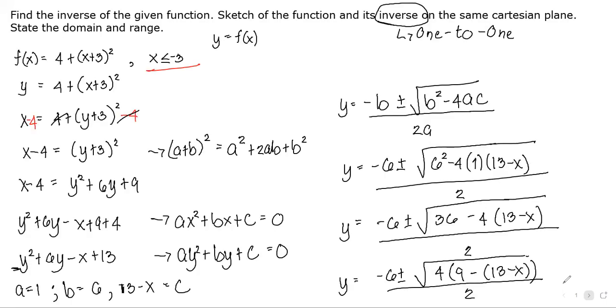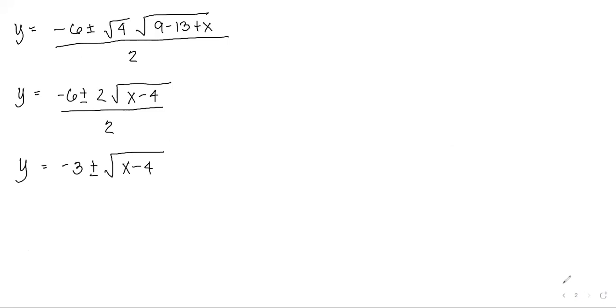Ayan. Tama ba? So, negative 3 plus minus the square root of x minus 4. Pero sabi, since less than negative 3, yung negative iti-take natin, hindi yung positive. Kasi isa lang dapat makuha natin dyan, hindi both. So, ayun na yung inverse niya.